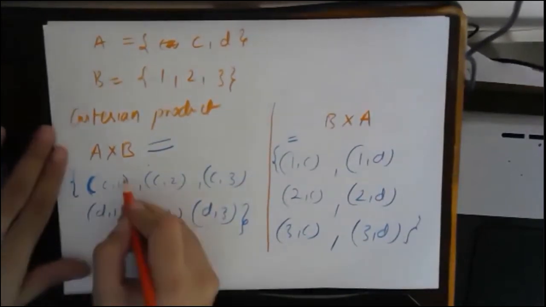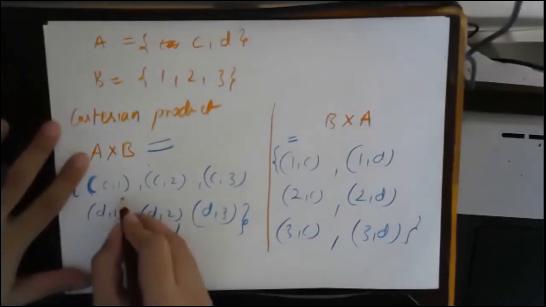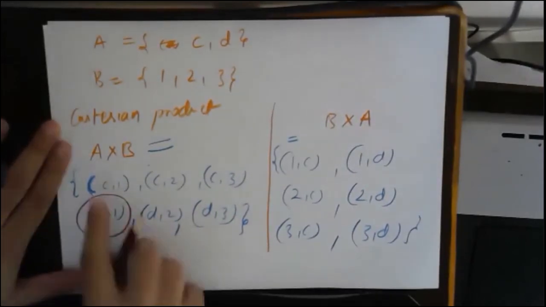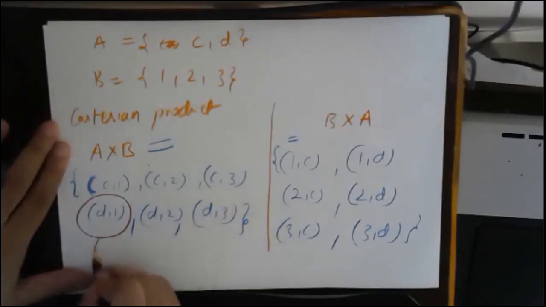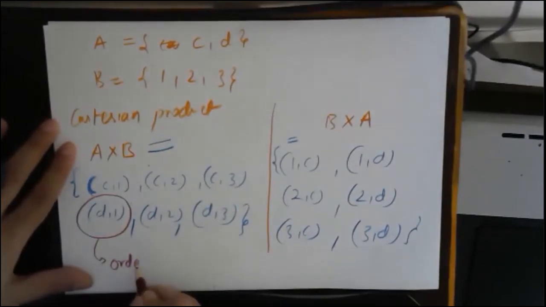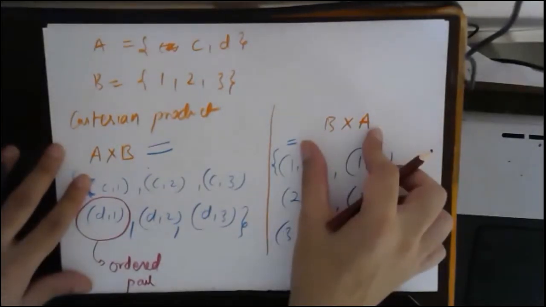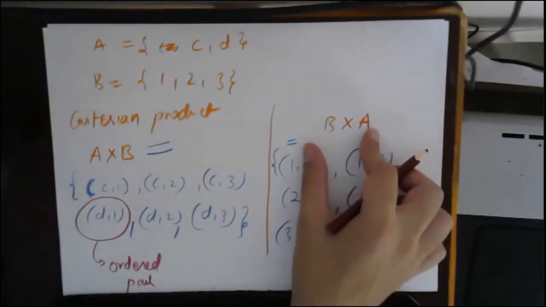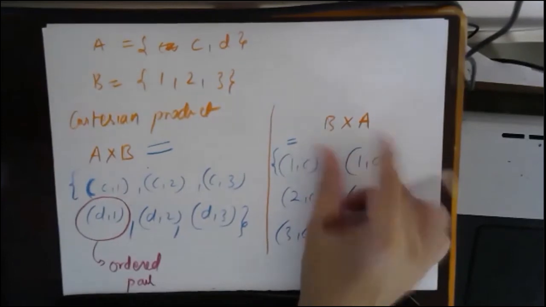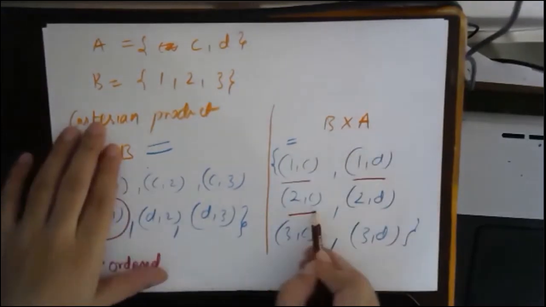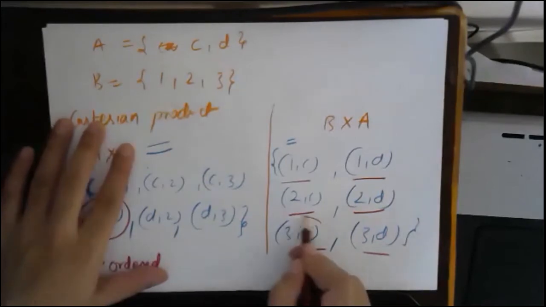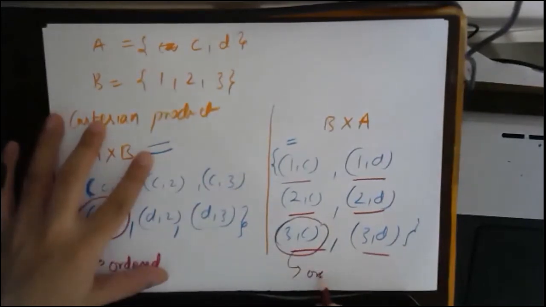This is one individual element. These all are elements, and each element is known as an ordered pair. This Cartesian product B cross A has these elements. Each element is an ordered pair.